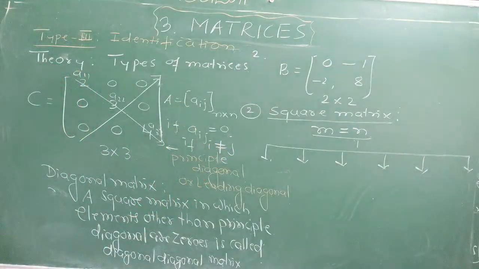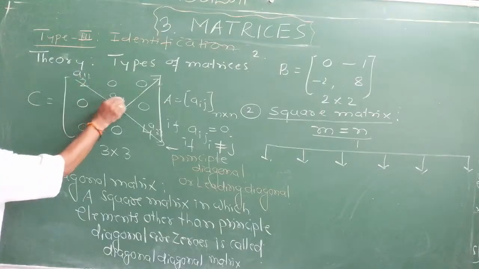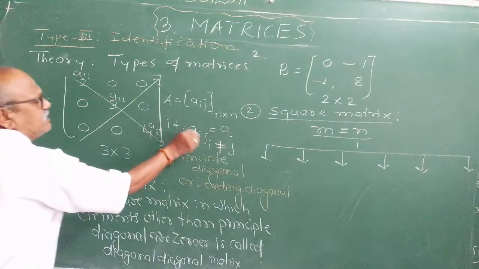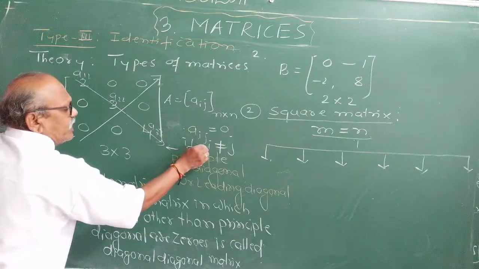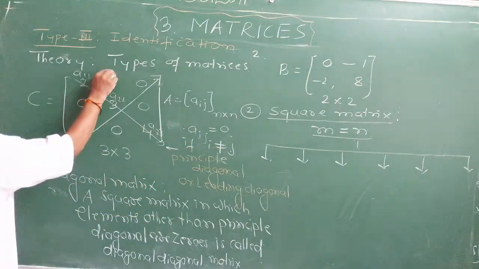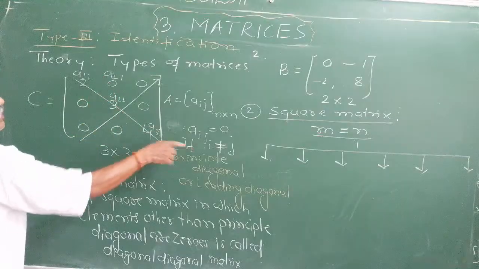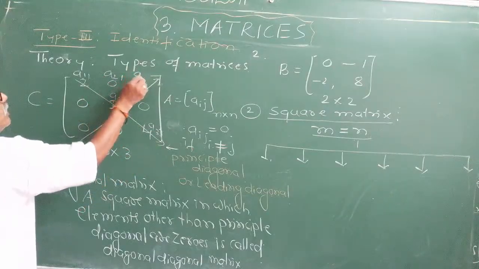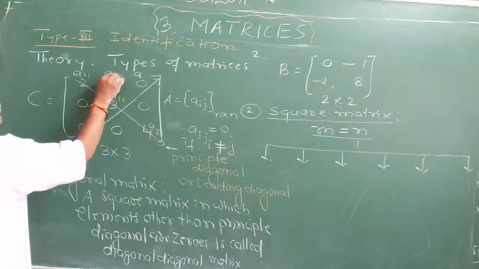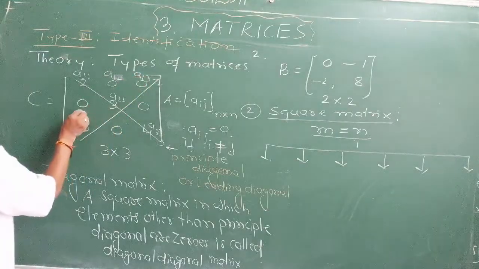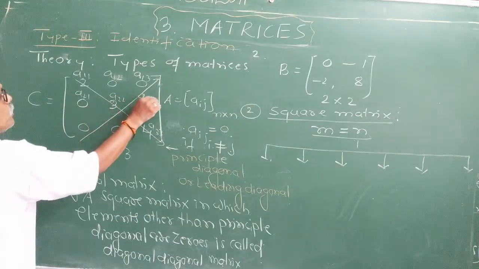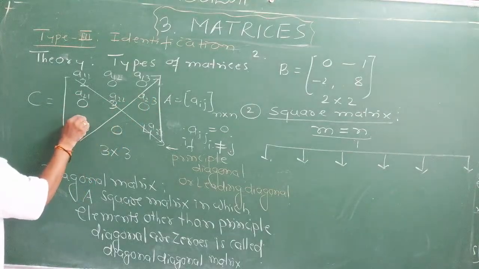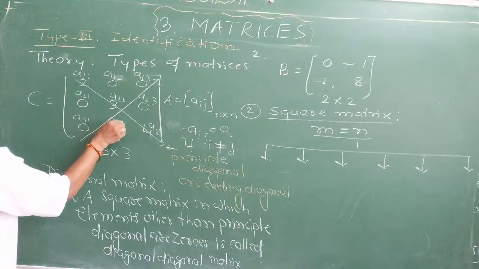Can I write it? See, A11, A22, A33. Aij is equal to 0 if i is not equal to j. What is this one? A12, A13, A21, A22, A23, A31, A32, A33.